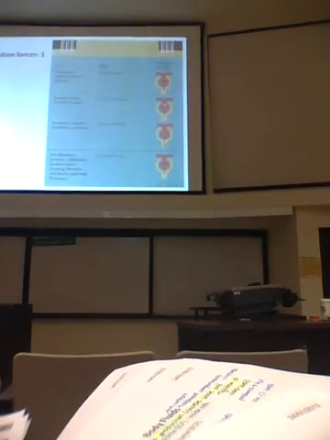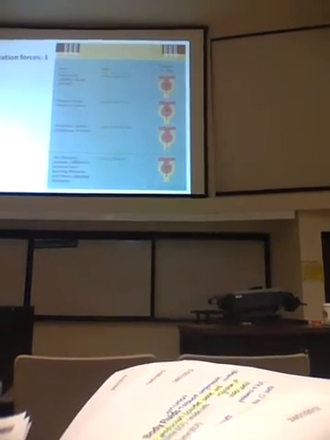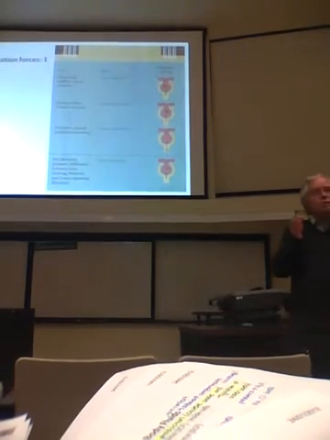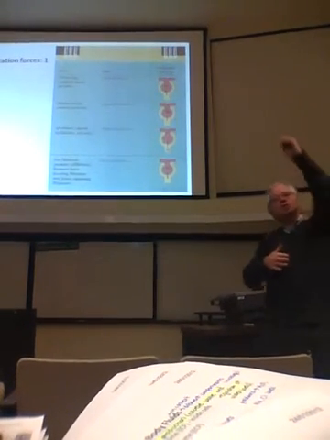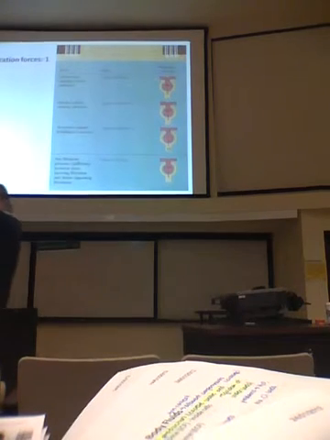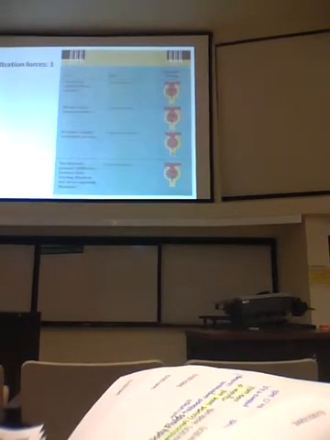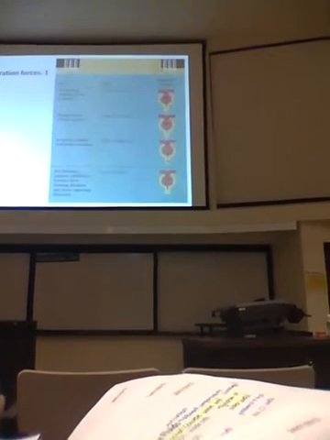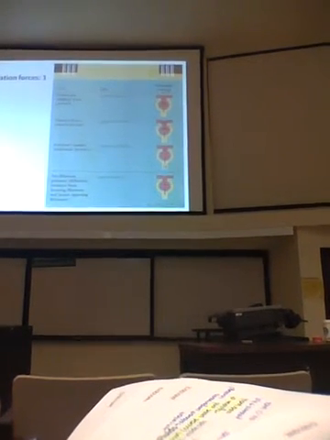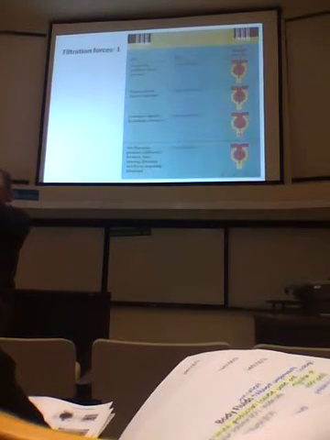Now, do you remember I said that the main difference between the plasma and the filtrate is that there are no proteins in the filtrate. Proteins are too big to go through the filter. So you've got proteins in the plasma, and you've got no proteins in the filtrate. Osmotically, what's that going to do? Remember? It's going to hold back the fluid in the blood, because the proteins are exerting an osmotic pressure.